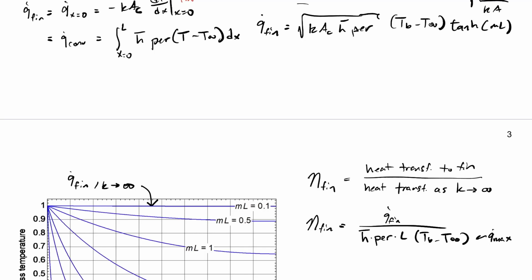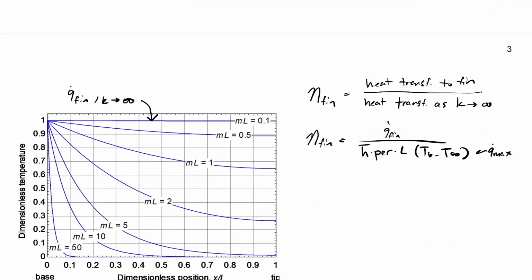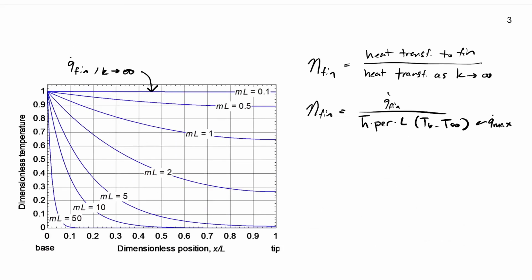All right, let's put this stuff together. Let's take our solution that we had before, Q dot fin, the square root of k A_c and all that stuff, and substitute it in here to get a compiled solution. So eta fin, bringing in our solution for Q fin, gives us the following.